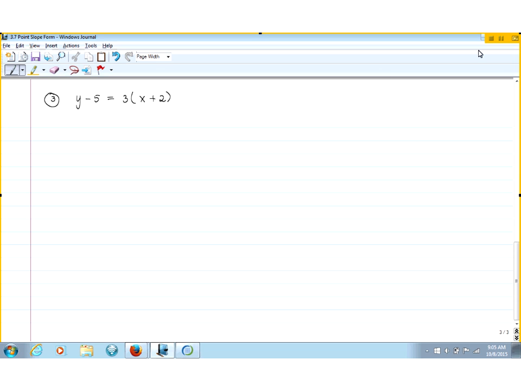So y minus 5 is equal to 3 times x plus 2. So what is my slope and what is my point? The slope is 3. The point will be -2, 5. Yes. Okay. So let's start at 5 as usual.